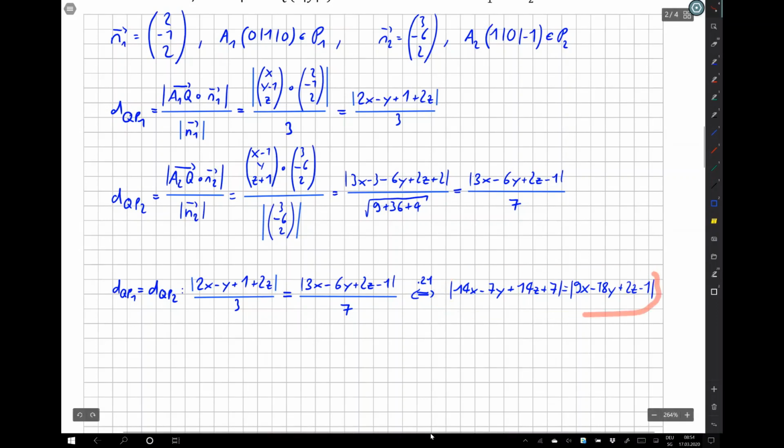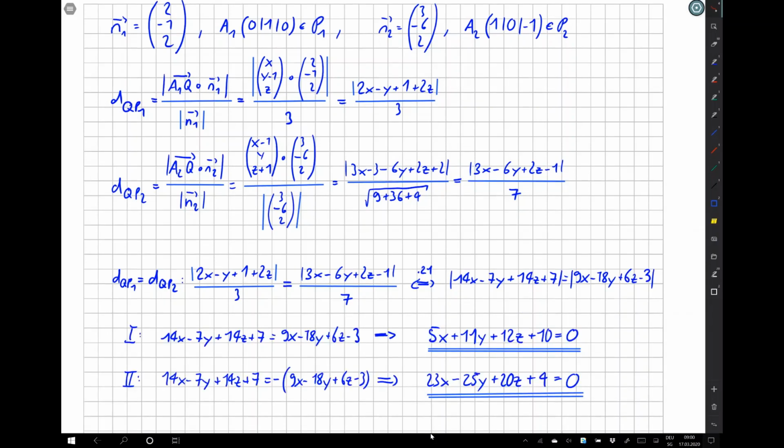Note that there are still the modulus signs on both sides. This results in two equations. Sorry, there was a small mistake here. It's correct now. Well, we set the two sides equal without the modulus sign, and we get the equation for the first angle bisector of these two planes, and setting the two sides equal but with minus the second side, we get the equation for the second plane.